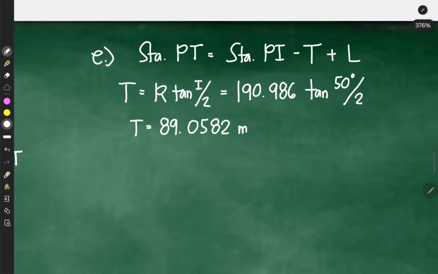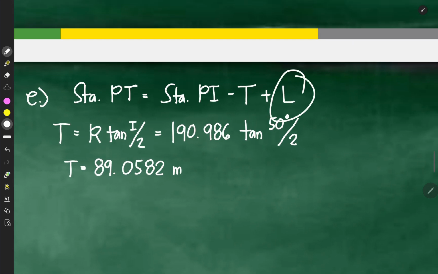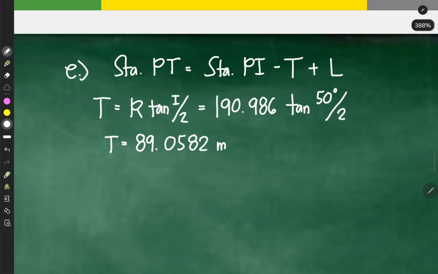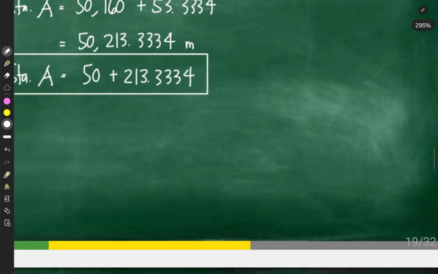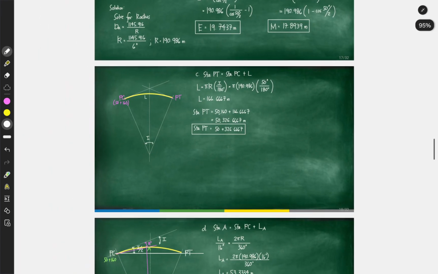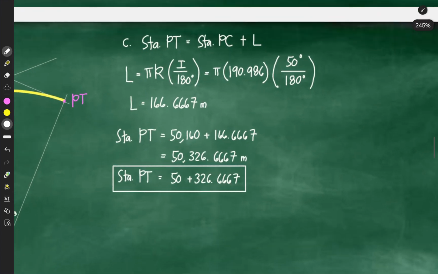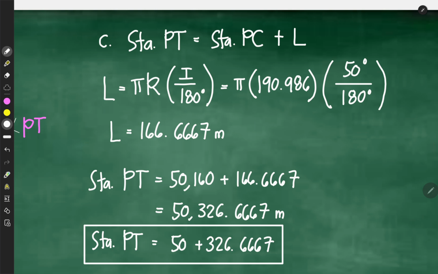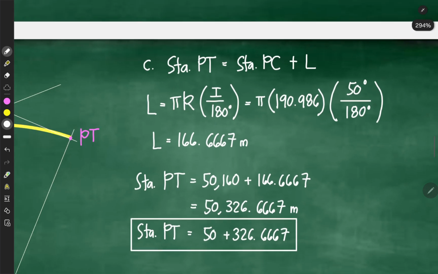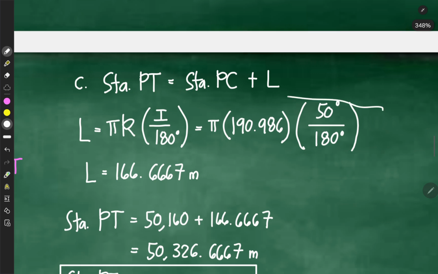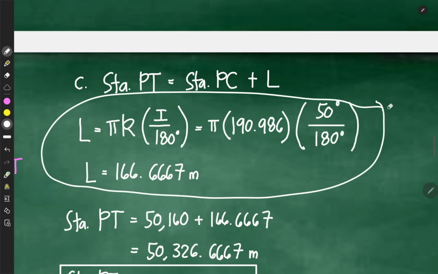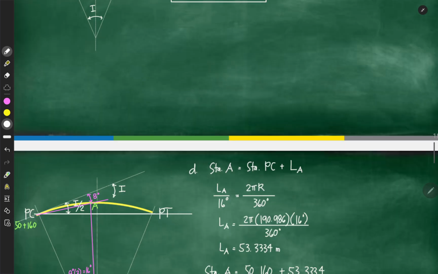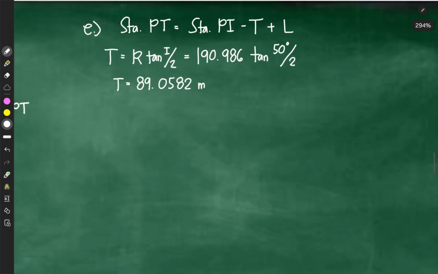Next, have we solved L? We already have the value for L, which is the value of C from earlier, the 166.6667. So we just add that here.